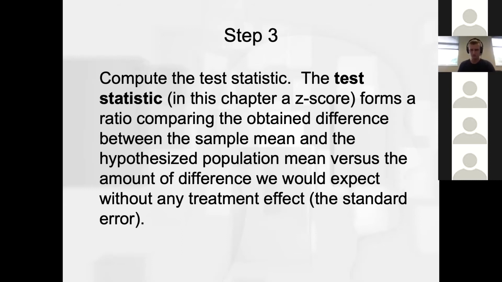However, in every other test we're going to be covering this semester, the test statistic is forming a ratio comparing the obtained difference between the sample and the hypothesized population mean, or the known population mean, versus the amount of difference we would expect without any treatment effect. And this is where that standard error comes in. What's the amount of variation we can reasonably expect if the treatment had no effect?